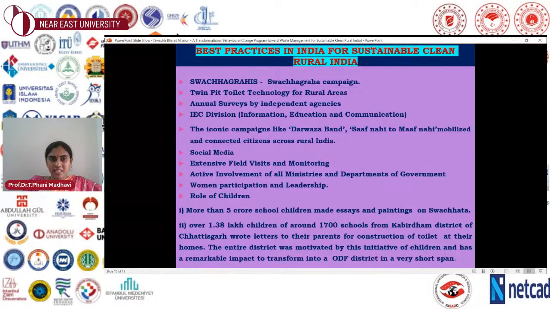The iconic campaigns like Darwaja Band and Saaf Nahi to Maaf Nahi mobilized and connected citizens across rural India. And social media such as Facebook and Twitter also play an active role in creating awareness about this Swachh Bharat mission among the public.